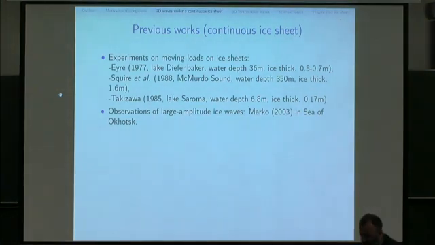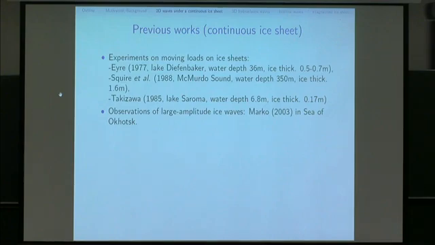So initially, we have a 2-dimensional ice plate, and apart from observation, people have done experiments in a variety of environments, in lakes or in the ocean, with water going from very shallow, like in Lake Saroma, 6 point something meters, up to 300 meters in McMurdo Sound in Antarctica.